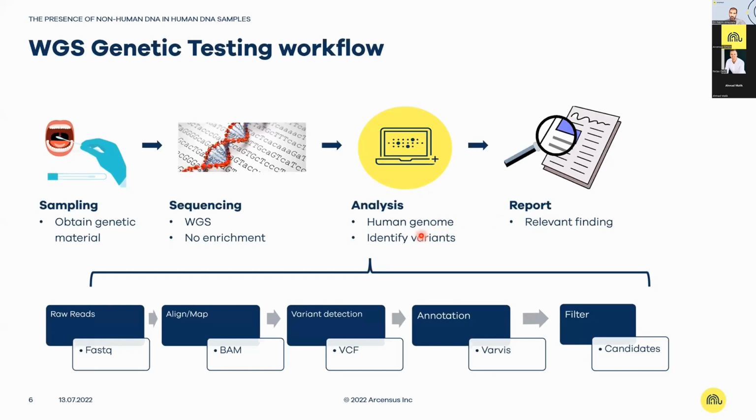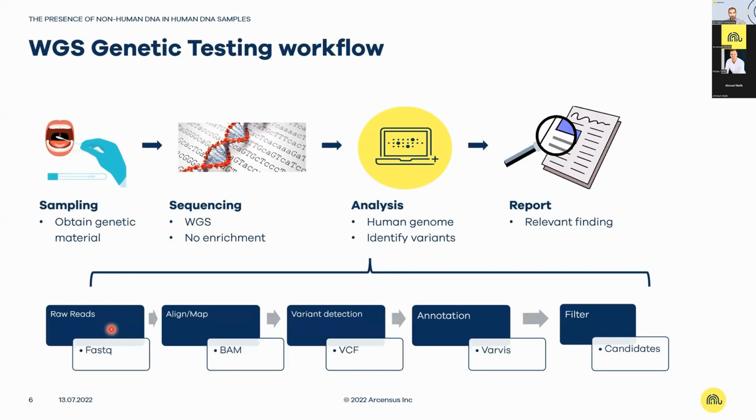This part, which involves the analysis, in principle, the sequencer provides what is called the raw reads, and this is done in the format of FASTQ files. So this contains all the tiny bits of the genome, regardless of the source, which is sequenced.